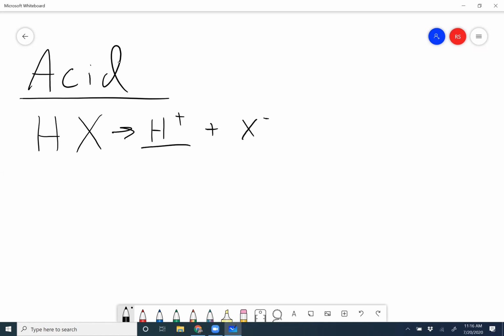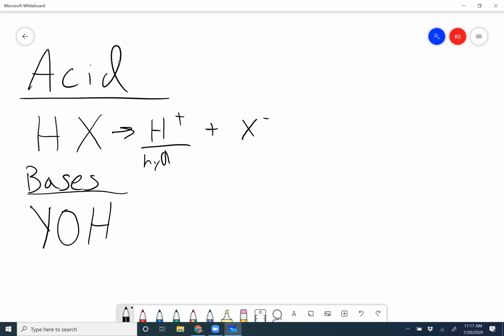So hydrogen cations are considered acids, and this is the Arrhenius definition. He then describes bases as hydroxides. So hydrogen ions.